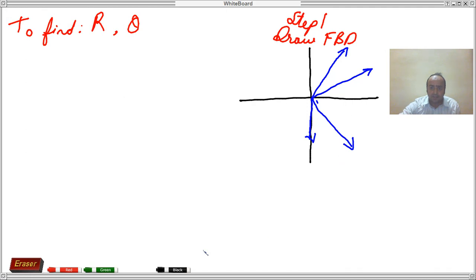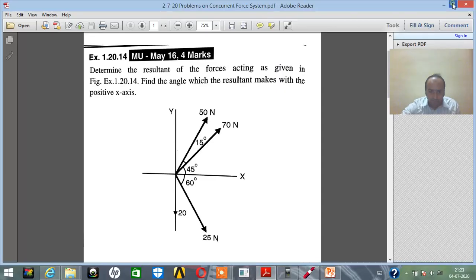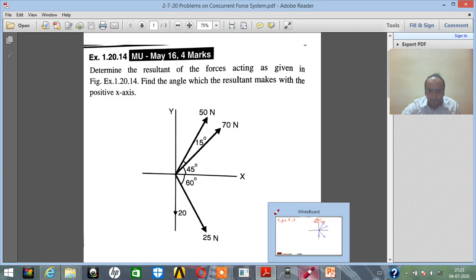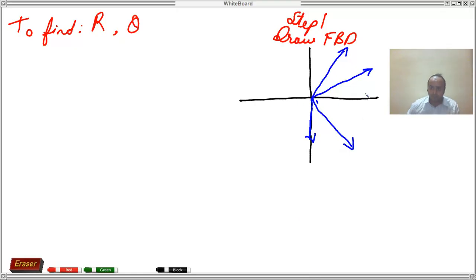Also the angles are given to us. So this is 70 Newton, this is 50 Newton, this is 25 Newton and here it is 20 Newton. The angles, as you can see, this is 60 degrees, this is 45 degrees and here the angle is 15 degrees.